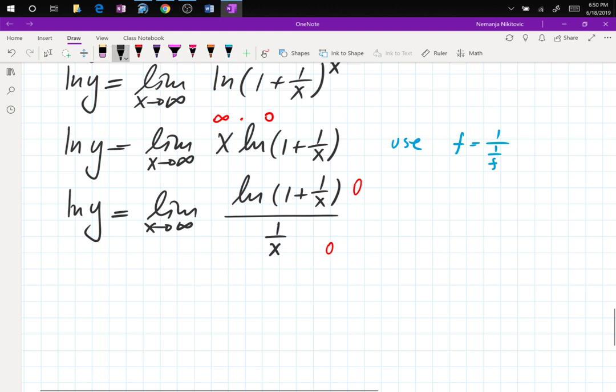ln y is equal to the limit x goes to infinity, and now we're taking derivatives.